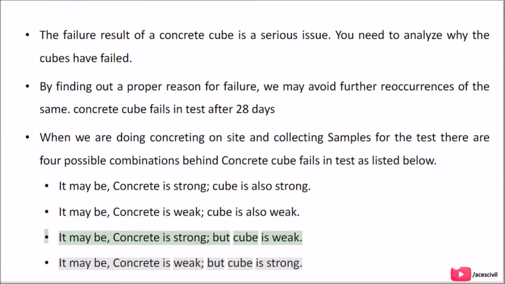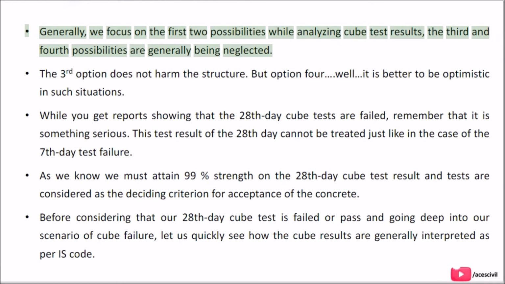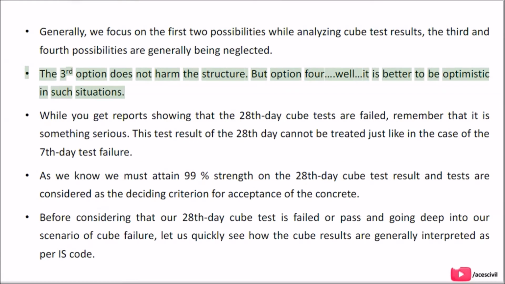It may be, concrete is strong, but cube is weak. Generally, we focus on the first 2 possibilities while analyzing cube test results. The third and fourth possibilities are generally neglected. The third option does not harm the structure. But option 4, well, it is better to be optimistic in such situations.